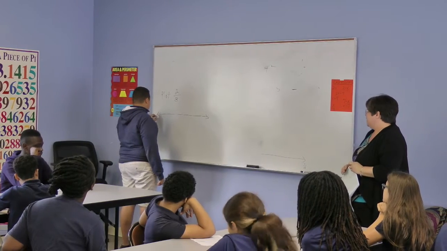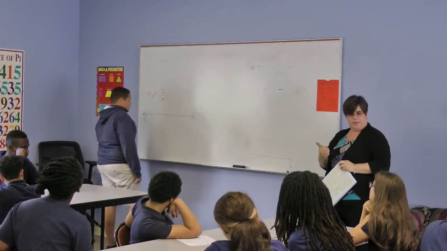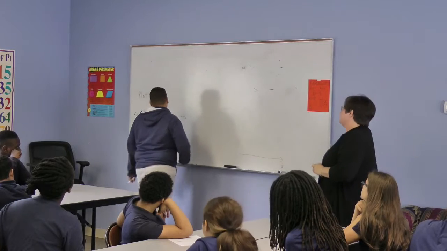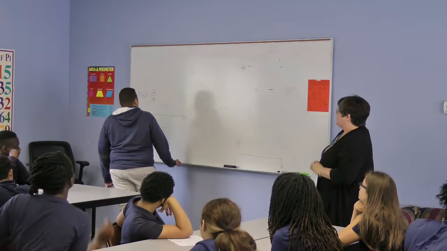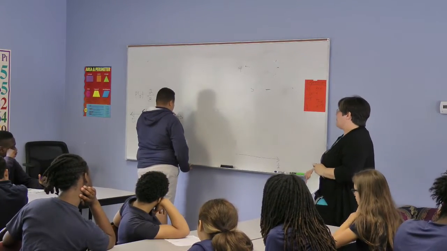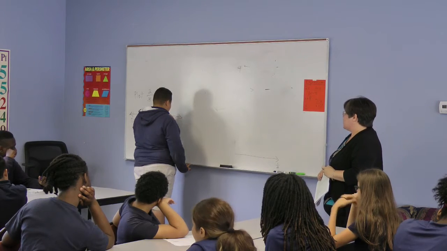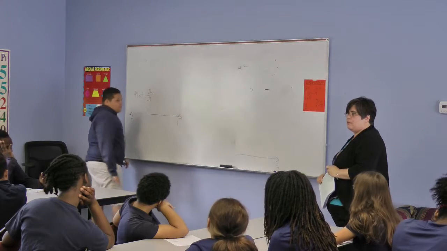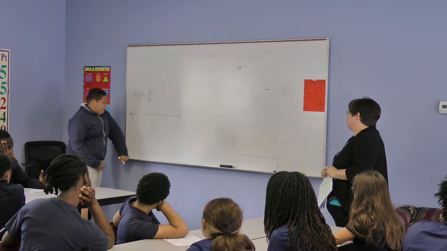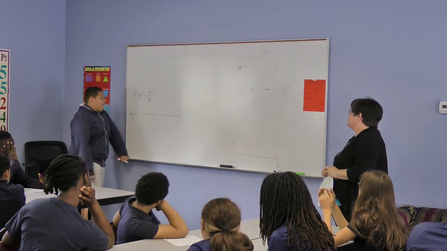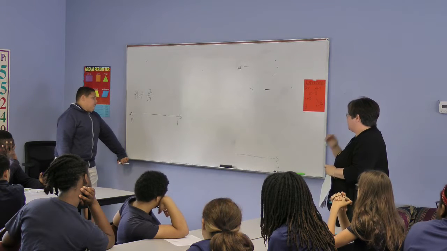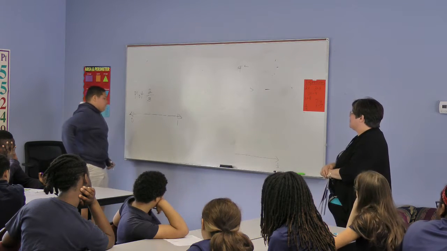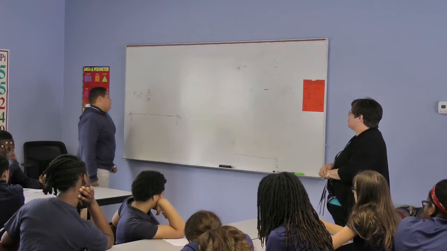Okay, I'm gonna put 0, and I'm gonna put a 1, because I know that 2/3 could be in the middle of 0 and 1. Well, I know that 1/3 is in the middle of 0 and 1, so if it's 2/3, it'll be somewhere around there.